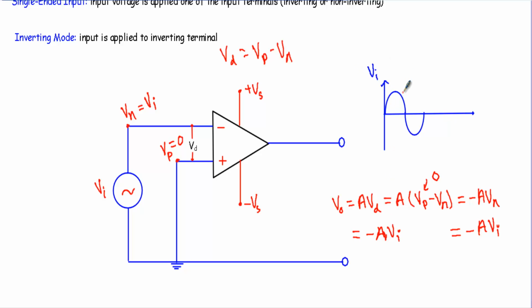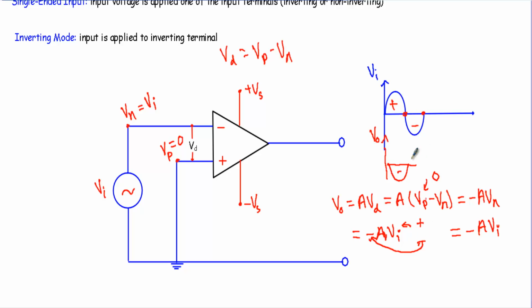If I consider this sinusoidal voltage as our applied input voltage, our output voltage will take this shape. During the positive half cycle, the input voltage goes through a positive half cycle. If I multiply that positive value with this negative value, I will get an inverted output that will be 180 degrees out of phase with the input voltage. During the negative half cycle, our input voltage will be negative.